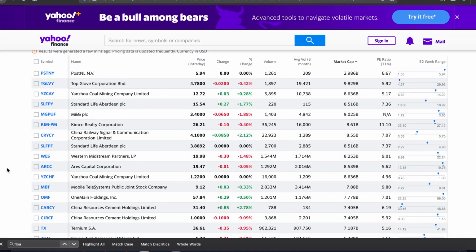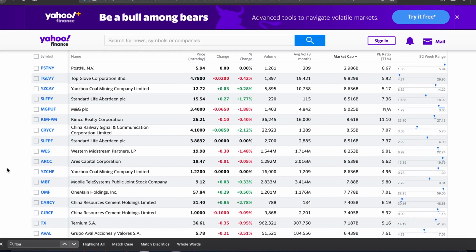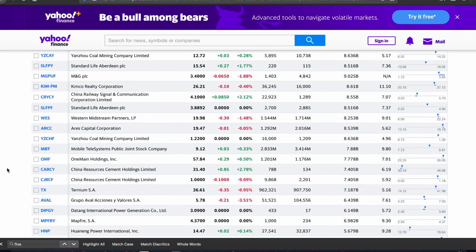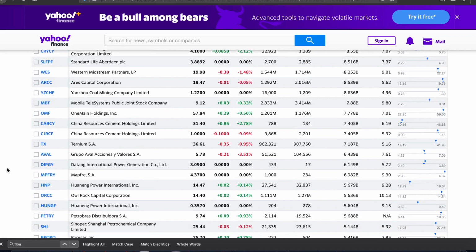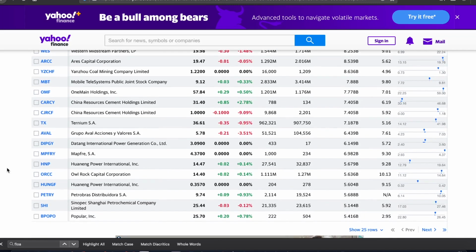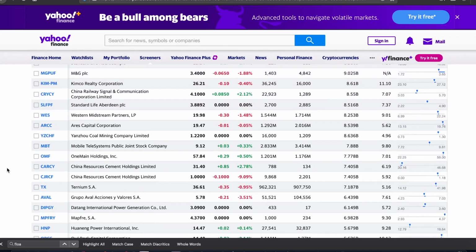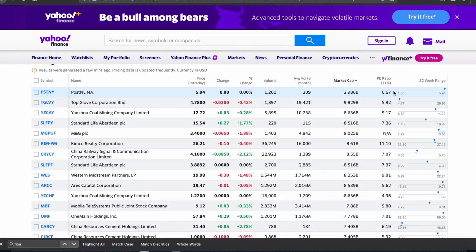All right, so we have some energy companies, some finance holding companies, some oil. So here's a cool feature here. You have the PE ratios here, also the 52-week range.